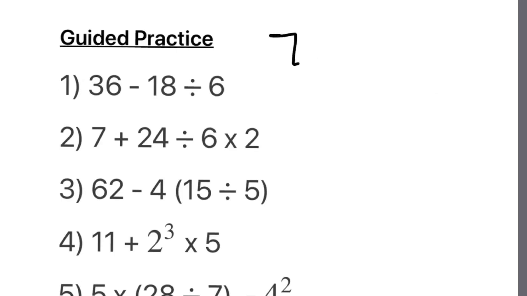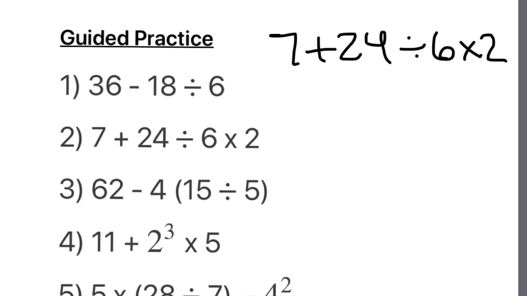So number 2, we have 7 plus 24, and we're dividing by 6, and we're multiplying by 2. So this is our first example where you see multiplication and division in the same problem. Remember, we do whatever we see first, left to right. So if I'm starting on the left, the first thing I see is division.